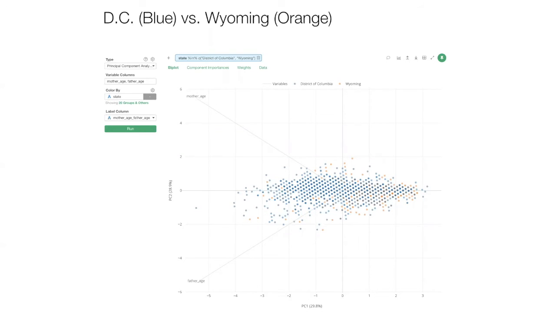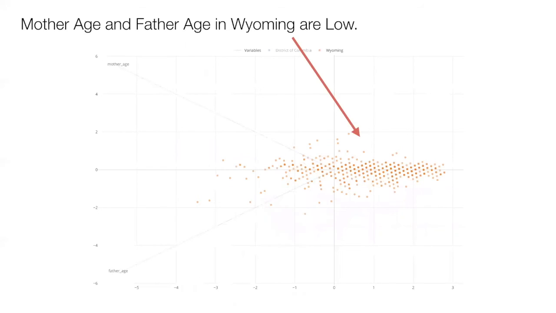And then when we look at here, now it's kind of confusing, because for mother and father the direction changed, but it's basically the same thing. The direction doesn't really matter; it's about the positioning relative to each other. So if we show only Wyoming, you can see most of the people are on the right side, which is the opposite direction from mother age and father age. That means they are younger on the mother and father spectrum.